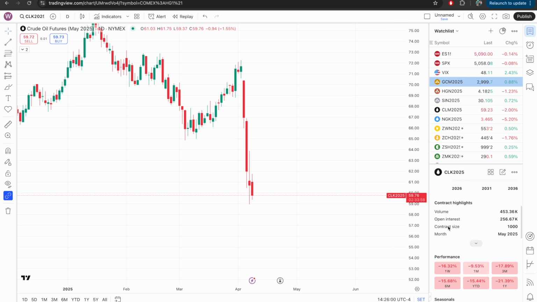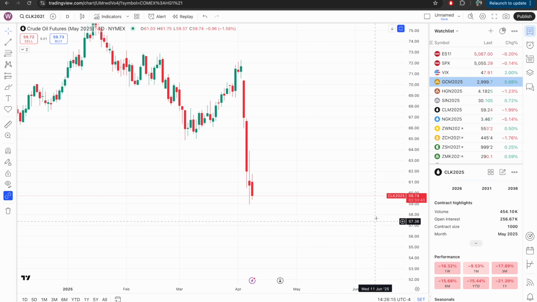This is the contract size. This is also the multiplier. So for every $1 move of crude oil, you will make or lose $1,000 per one contract.